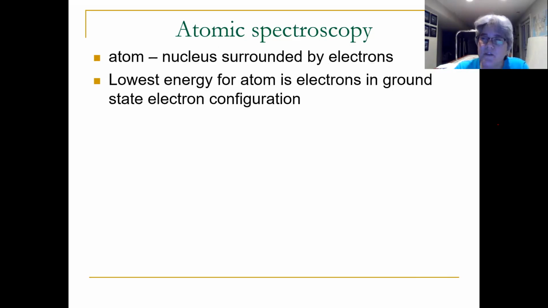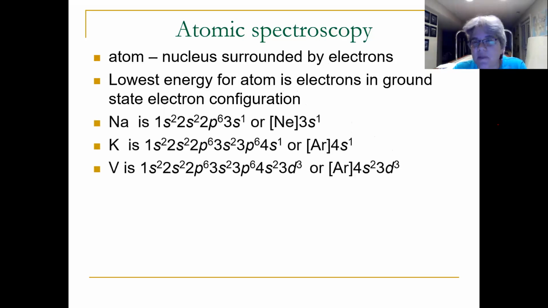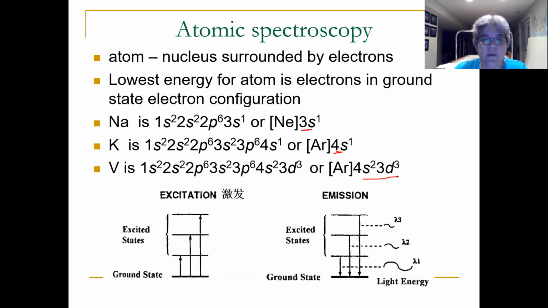And the lowest energy for an atom is its ground state electron configuration. These should look familiar from your previous chemistry classes. So these are the ground state for, say, sodium atom or potassium or vanadium. So when we talk about an atom absorbing light energy, it's usually these outer electrons, what we call the valence electrons, that are absorbing that energy.